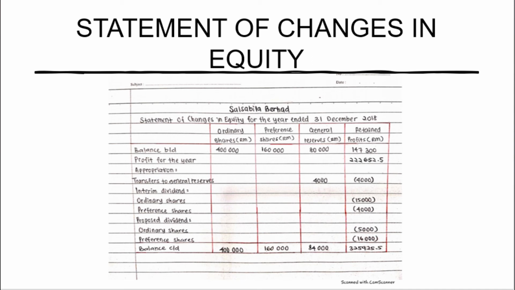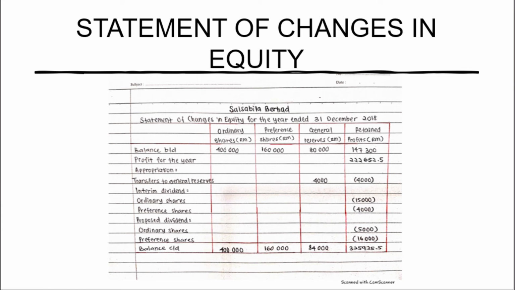For appropriations, that is transferred to general reserve, taken from notes to account, which is 4,000 ringgit, and put it into the general reserve column, and also the retained profit column.